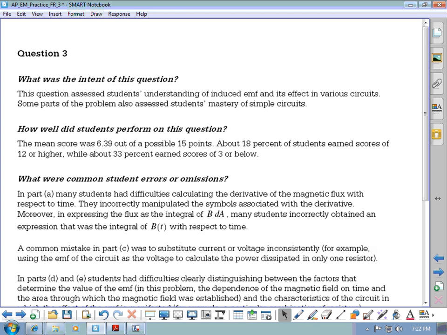If you go through the binder, questions 1, 2, 3 all go together from different years. Then it goes on to the next year, questions 1, 2, 3. If you look at that, you'll see consistently that the most common thing is Gauss's law. The next most common thing is some type of LC or RC circuit, or both. And the third thing is usually some type of Faraday's law problem.